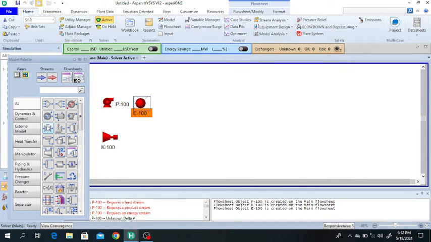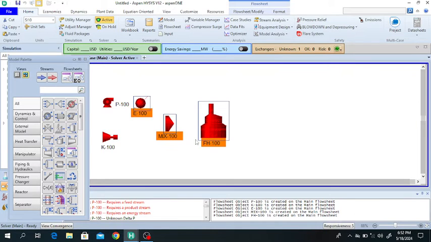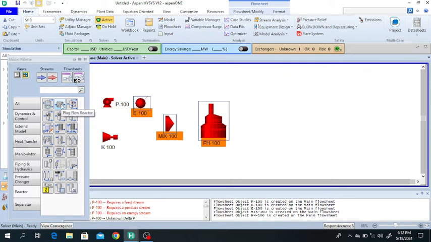This is a mixer, a heater, and a packed bed plug flow reactor.